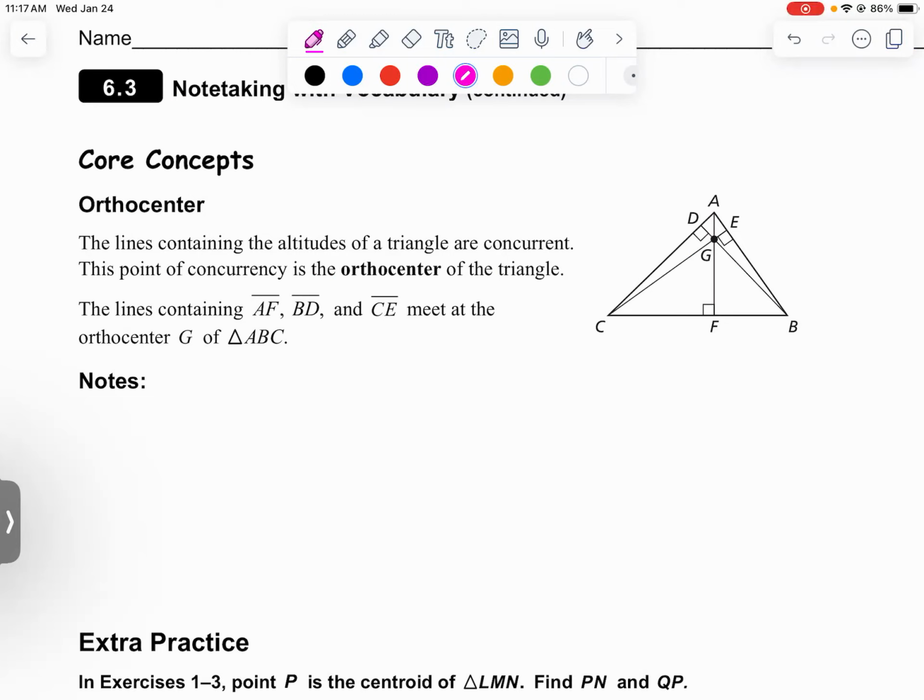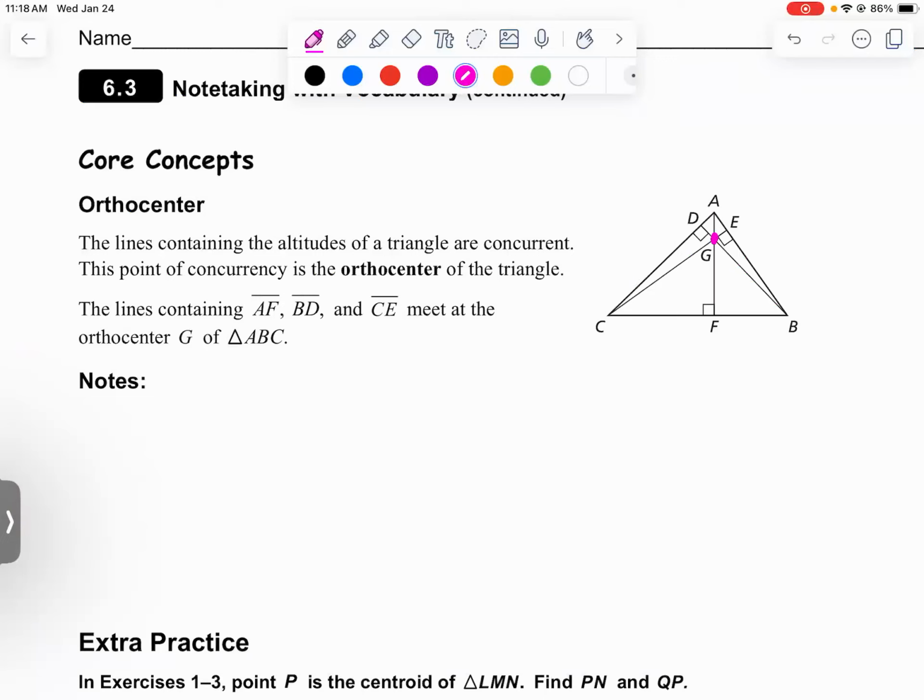All right. So if you go to the next page, we have a picture of an orthocenter. There's really not a whole lot special about an orthocenter. Like, we don't have any theorems about it. It's just a special point where if you draw all of the altitudes, they're going to meet.